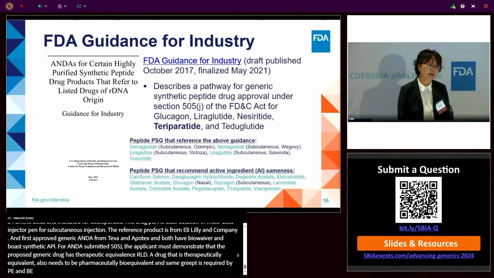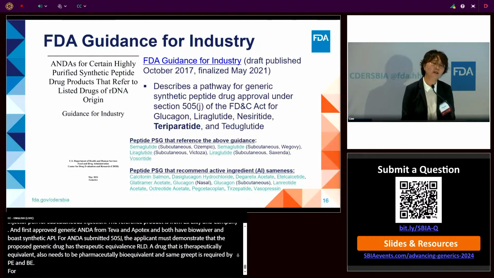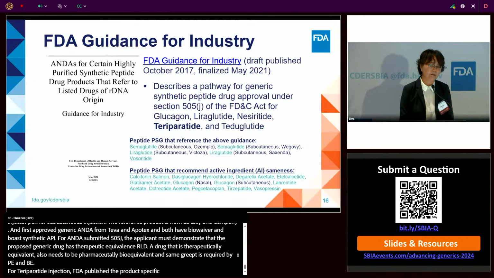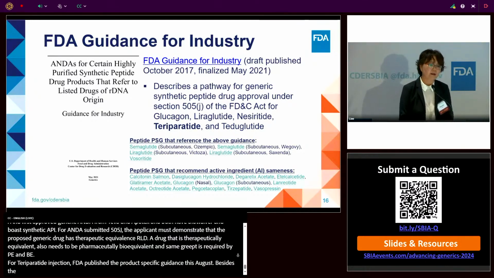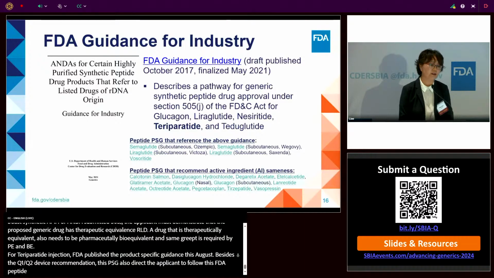For teriparatide injection, FDA just published the product-specific guidance in this August. Besides the Q1, Q2 and the device recommendation, this PSG also directs the applicant to follow the FDA peptide guidance for the quality considerations.